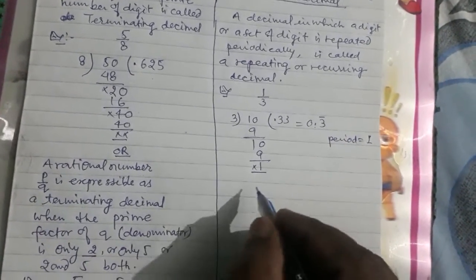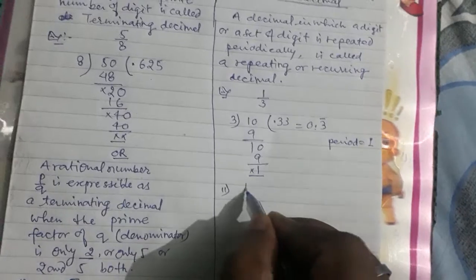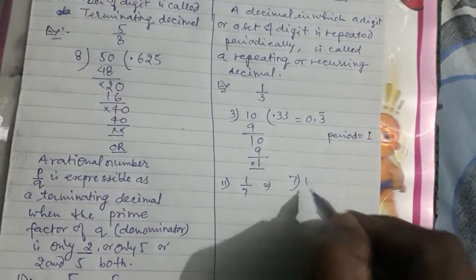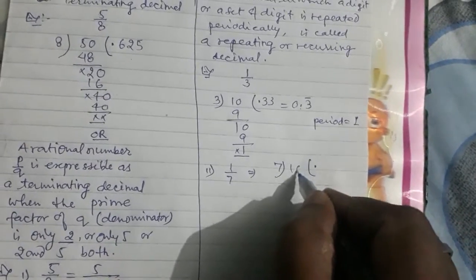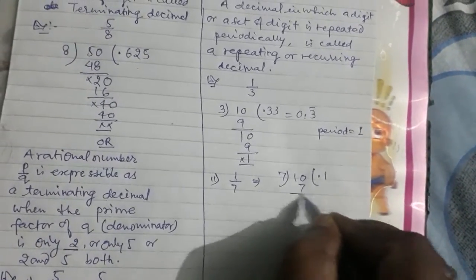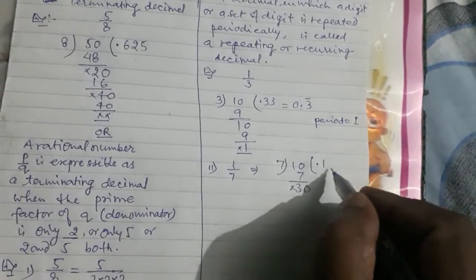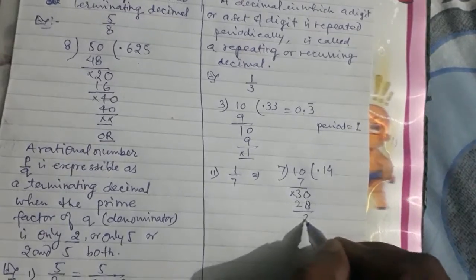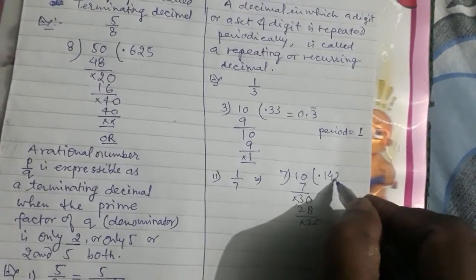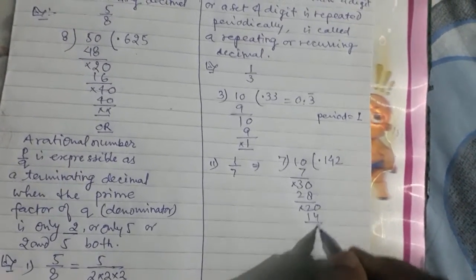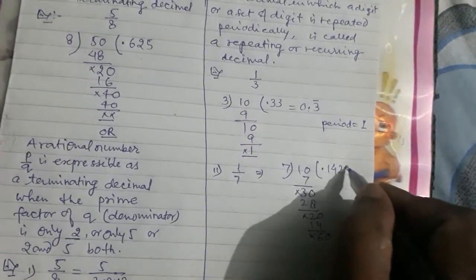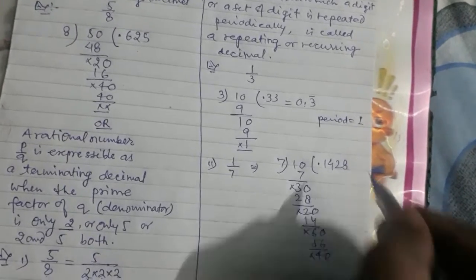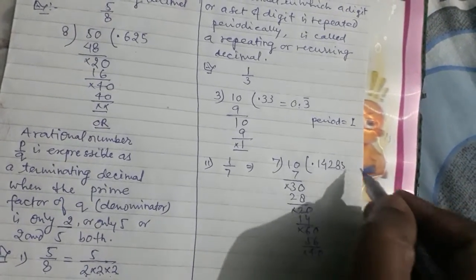Now the second example is 1 by 7. First divide 7 into 1. Take the decimal. 0, 7 1s are 7, remainder 3, then 0, 7 4s are 28. Now we write 2, 0, 7 2s are 14, remainder 6, 0, 7 8s are 56. Here 4, 0, 7 5s are 35.